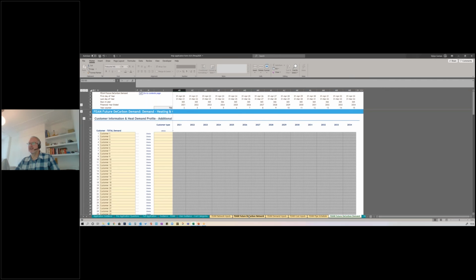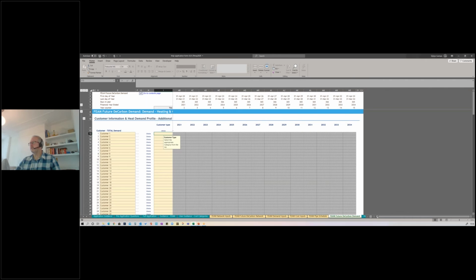So we'd expect to see opportunities for expansion, or the schemes which come forward are meant to be able and intending to grow beyond their initial group of connections. Okay, so as a matter of course, if we don't see information in here, we'll come back and raise the question. So expect to fill in this sheet, which is the future decarbonisation sheet.